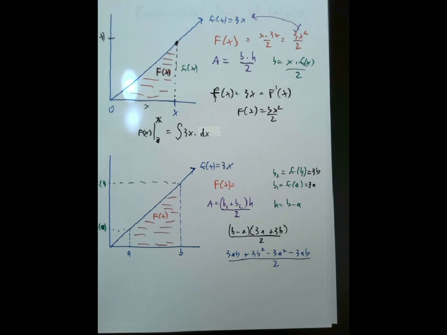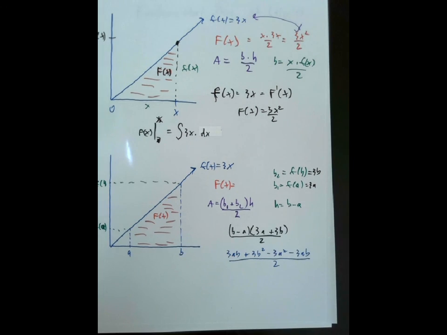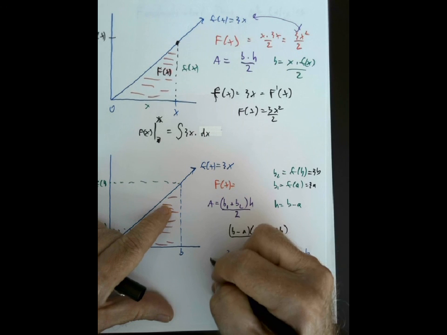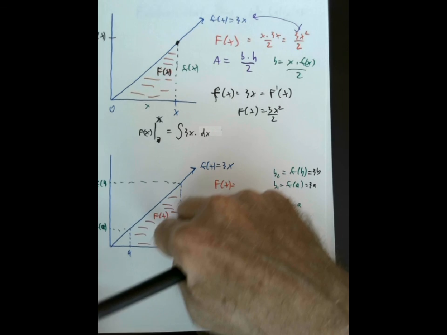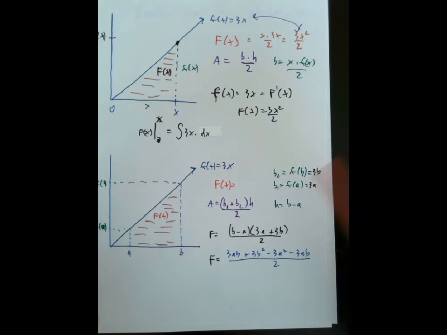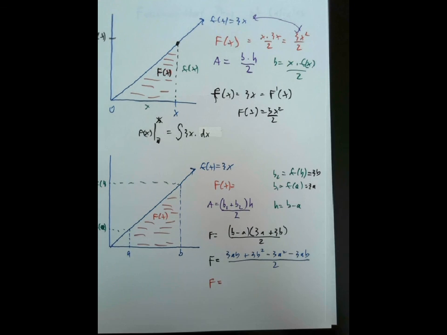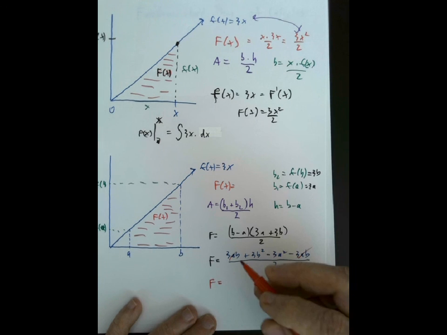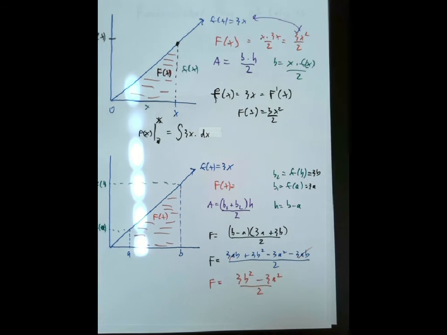Now, maybe you can see, oh look, the 3ab and the minus 3ab cancel out. This is F, remember, the area under the curve, the red area there. That cancels and that cancels, and we've got 3b squared minus 3a squared divided by 2.